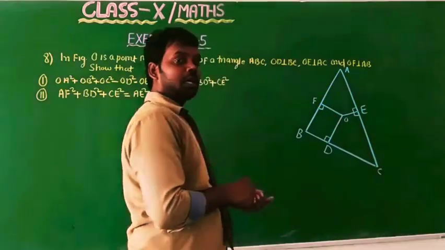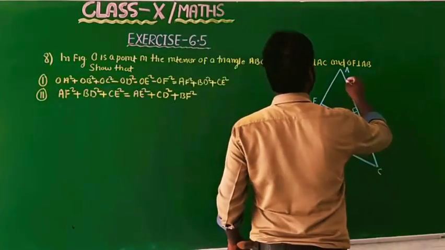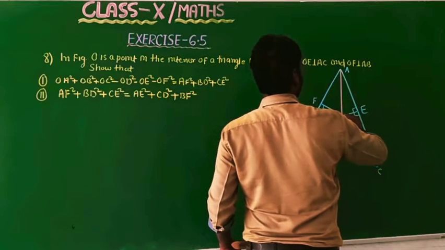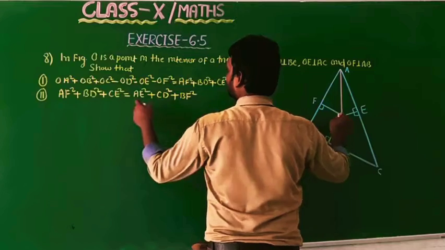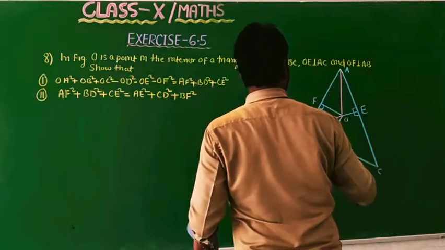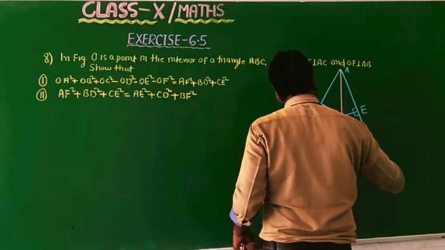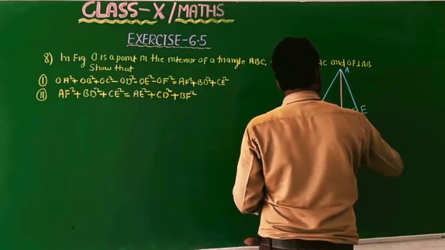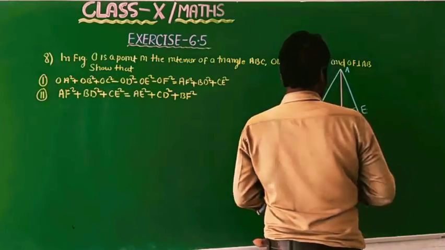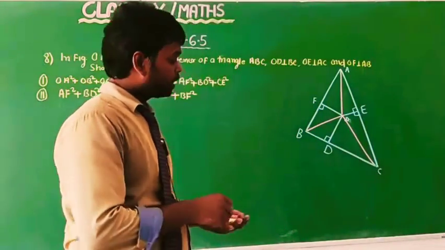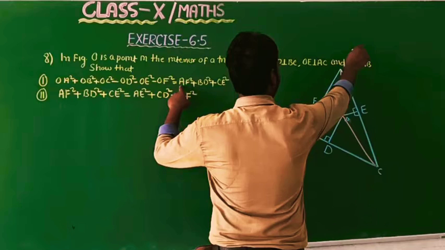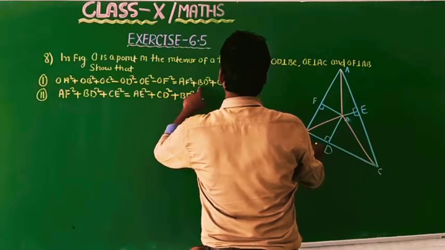Okay, so now let us first draw: join A to O, and here OB, then O to B, and OC, again O to C. Here required AF, BD and CE.